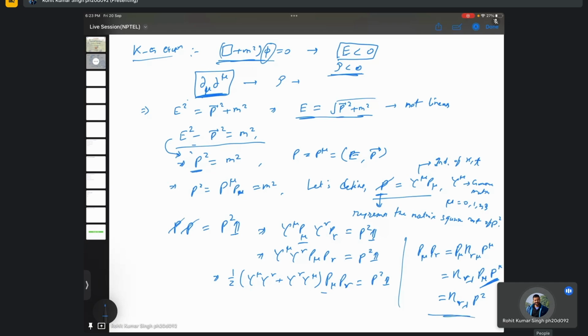So if you compare this here, what you get is, this is called the anti-commutation symbol, equal to 2 eta mu nu.